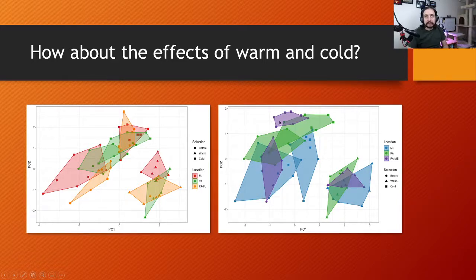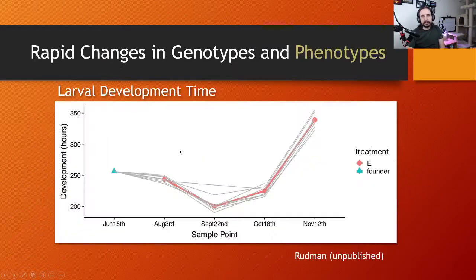When we look at this one, we see PA Maine and Maine slightly diverge under cold selection, which is different from this one, but they slightly converge into the same space compared to their starting points after warm selection, which is kind of an interesting result, because this shows the source of the migration might be really important.